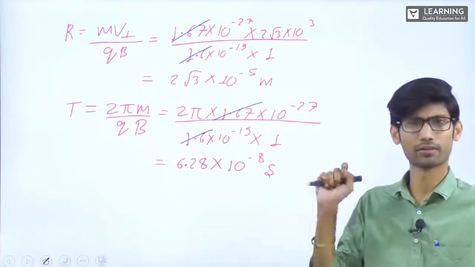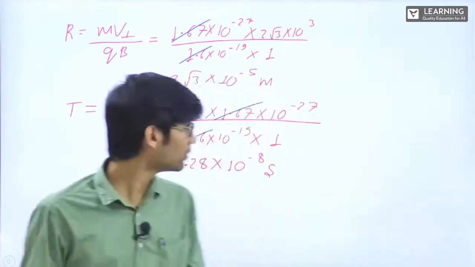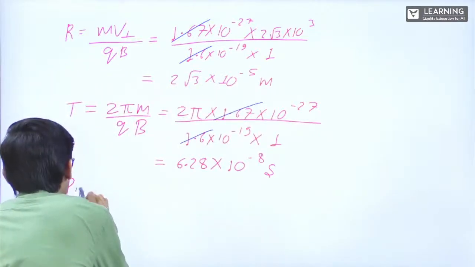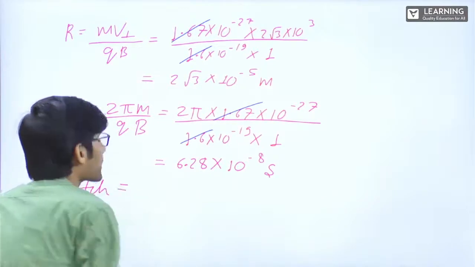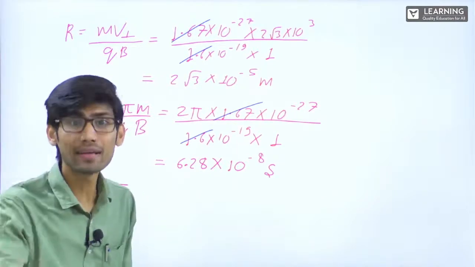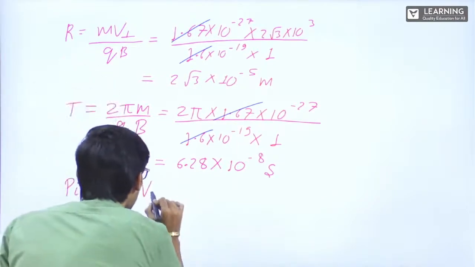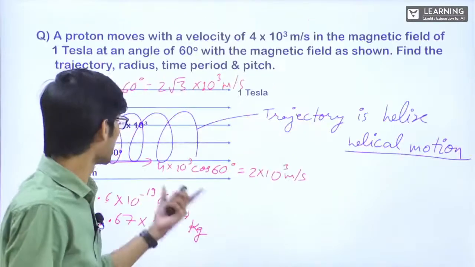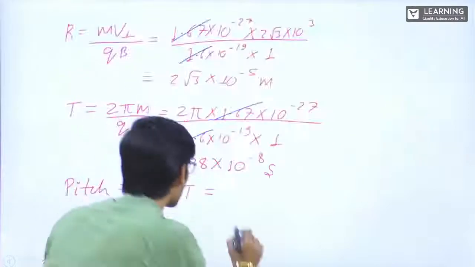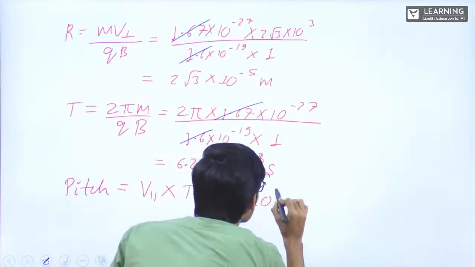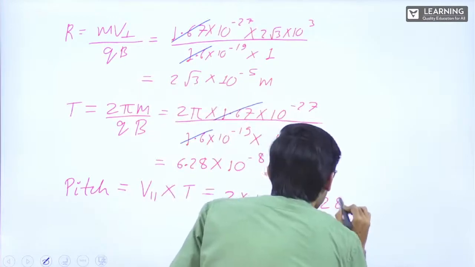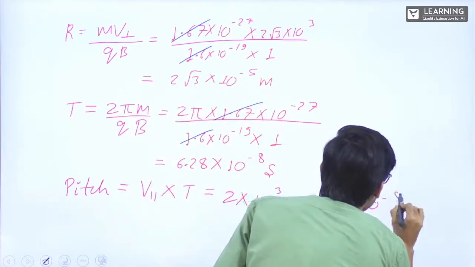6.28 into 10 power minus 8 seconds will be the time period. Very fast it is happening. Right? Now we have to find the pitch. Pitch is V parallel into time period. V parallel into T. What is V parallel? 2 into 10 power 3, into the time period, 6.28 into 10 power minus 8.